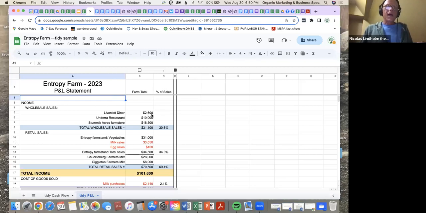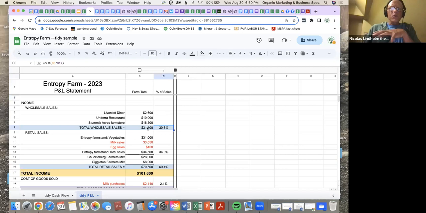You could do line by line, every single thing as a percentage of sales, but I look for some more meaningful things. Like for income, the way we have it organized, this tells me our wholesale sales are 30% of our total sales. So 31,000 is 30% of 101. And the retail sales are about 70%.